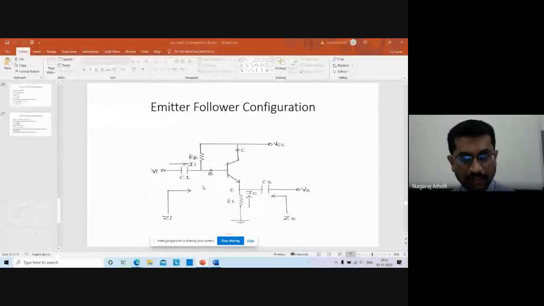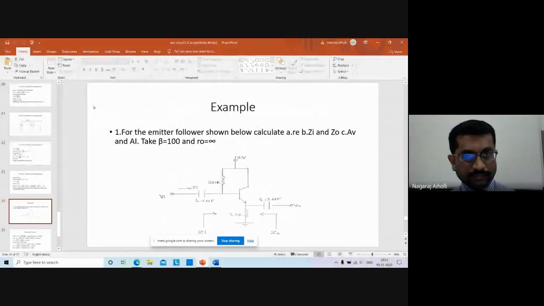If you apply the KVL equation, what do we get here, students?